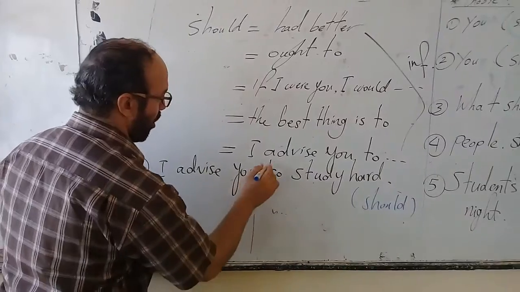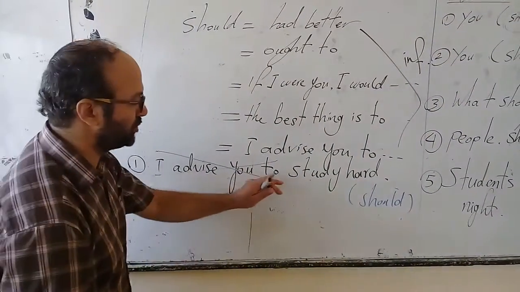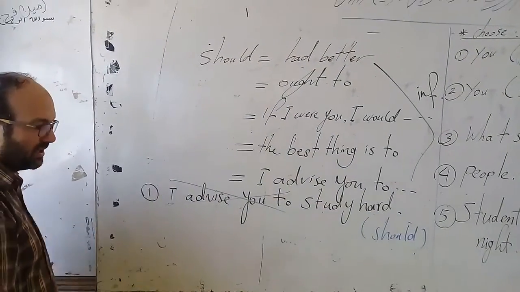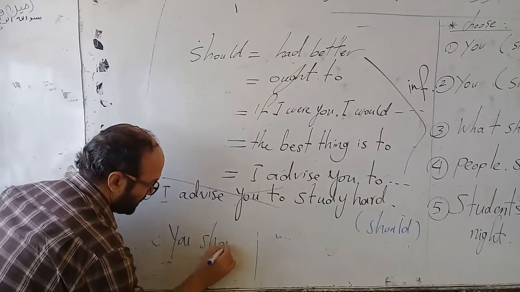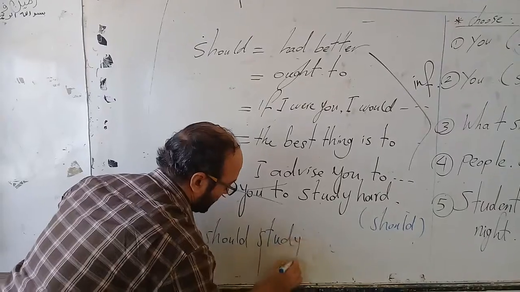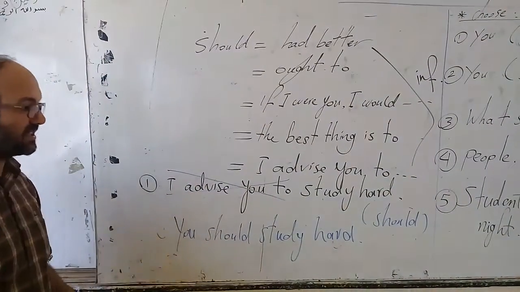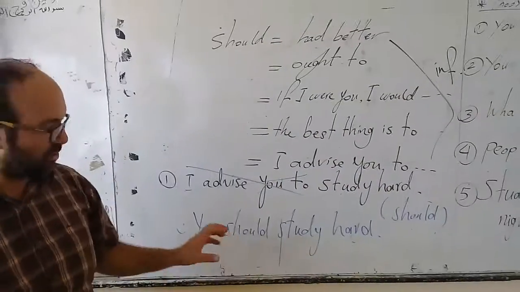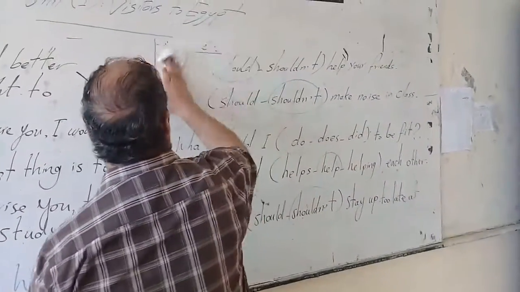Here we will omit I advise you to, because it equals should. Then you will say, you should study hard. It's the same as I advise you to study hard.